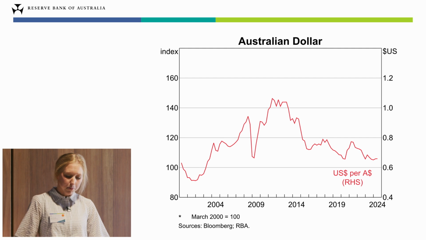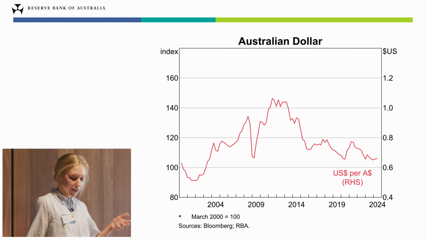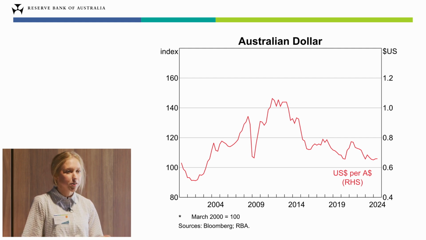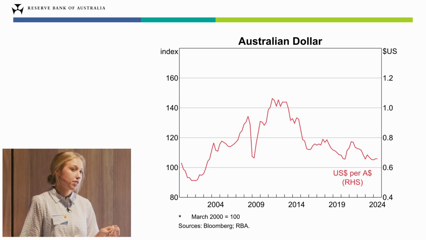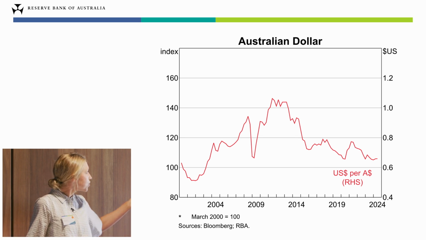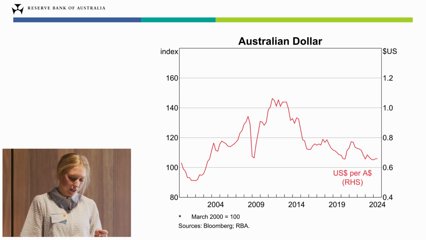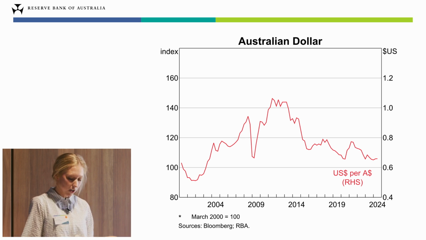The ones that people are probably most familiar with are bilateral exchange rates. These are rates that you see in everyday life, on the news, at the airport, and so on. They tend to be quoted against the US dollar. So, for example, the Aussie US dollar rate, which is on the chart here. And this is the amount of US dollars that you will receive for one Australian dollar.